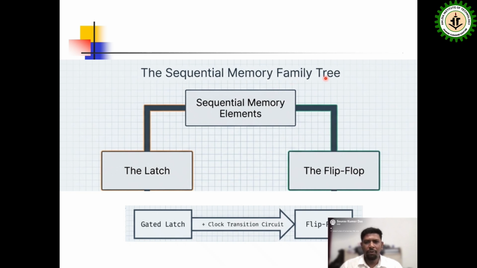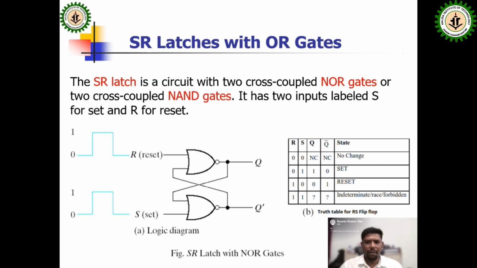So, the sequential memory family tree: sequential memory elements are latches and flip-flops. A gated latch, if you add a clock transition signal, becomes a flip-flop. The difference between latch and flip-flop is that a latch requires no clock pulse for operation, but a flip-flop operates on the clock signal or gate signal.